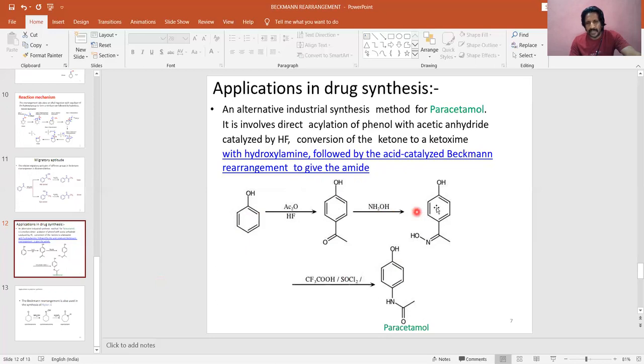It is converted into an oxime, C double bond N OH. So what is the first step? Ketones will be converted into oxime. What is the next step? When we allow the oximes to react with the acid, they will be converted into amide.